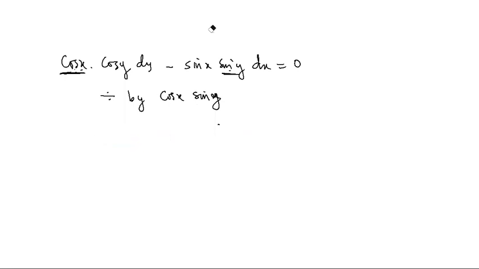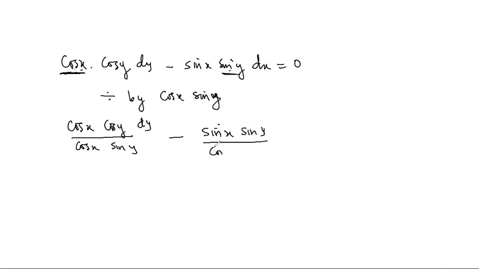One minute. It becomes cos x into cos y into dy divided by cos x into sin y, minus sin x into sin y divided by cos x into sin y. So what happened? This will get cancelled. This will get cancelled.